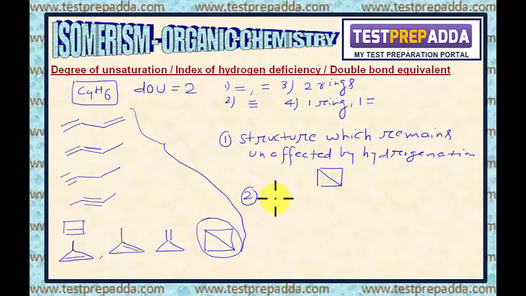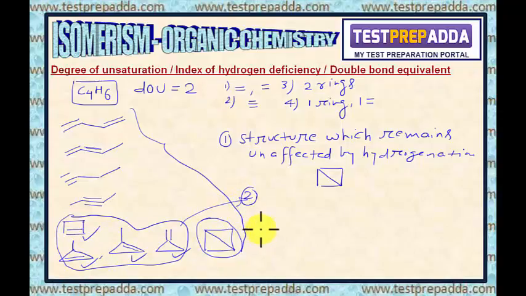Similarly, if you are asked to write those structures which can consume one H2 under normal conditions, 1 mole H2 means only one double bond. So these are the possible structures which can consume one equivalent of H2.